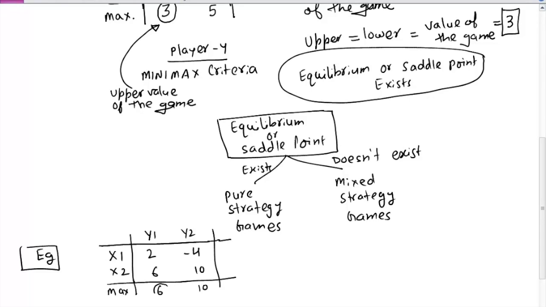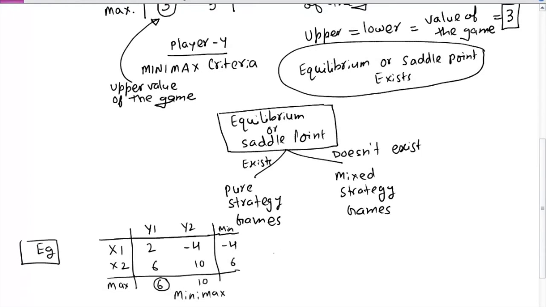So we select the minimum of the two using Minimax criteria. Similarly, if you find the minimum in the rows for player X, -4 and 6, and use Maximin criteria, the maximum of these minimum values is 6. So again, both are equal, so this is also a pure strategy game.